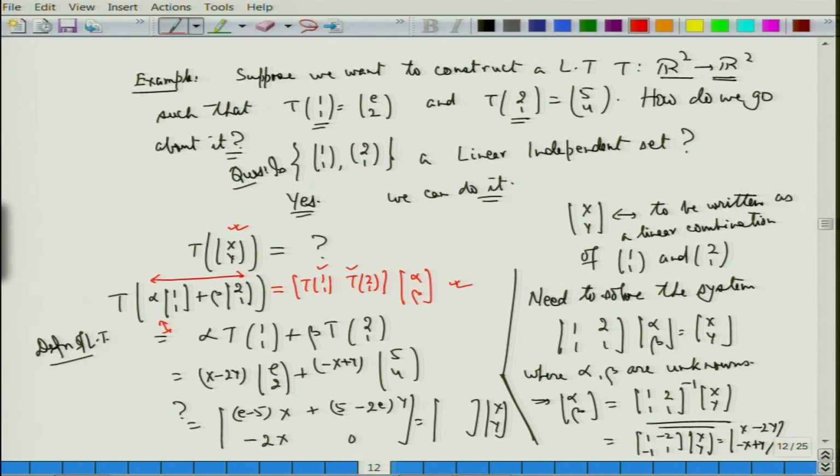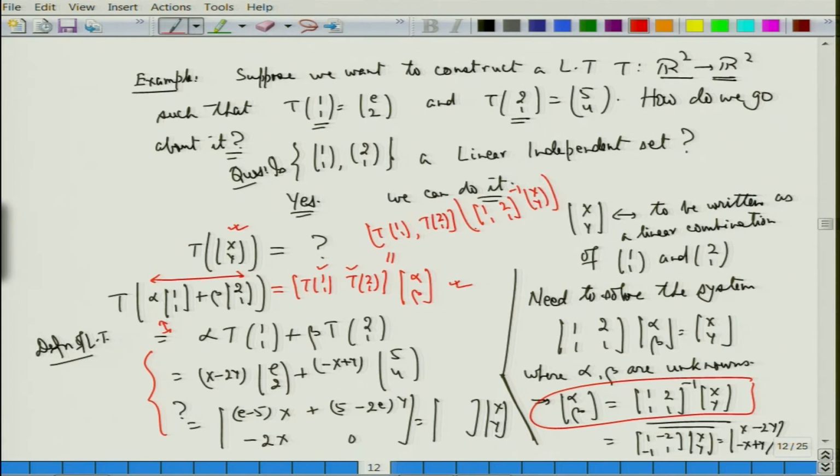And what is alpha beta? Alpha beta is supposed to be this. I can expand it, I have done that part, but this is also equal to the matrix with columns T of (1,1), T of (2,1), and then I am multiplying by the inverse of the matrix (1,1; 2,1) times (x, y).